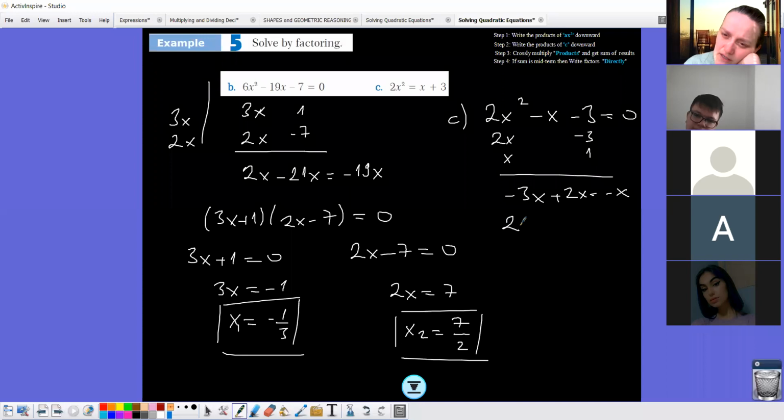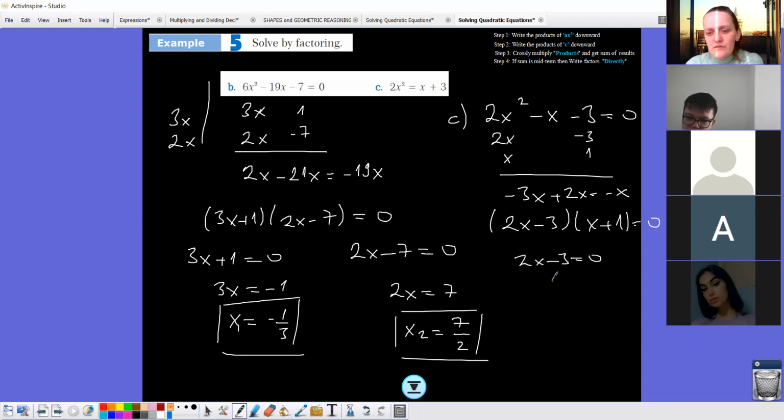So it's okay. 2x minus 3 times x plus 1 is equal to 0. Then 2x minus 3 is equal to 0, 2x is equal to 3, x1 will be 3 over 2. From the other one, we have x2 is equal to minus 1 directly. Okay? Did you understand?